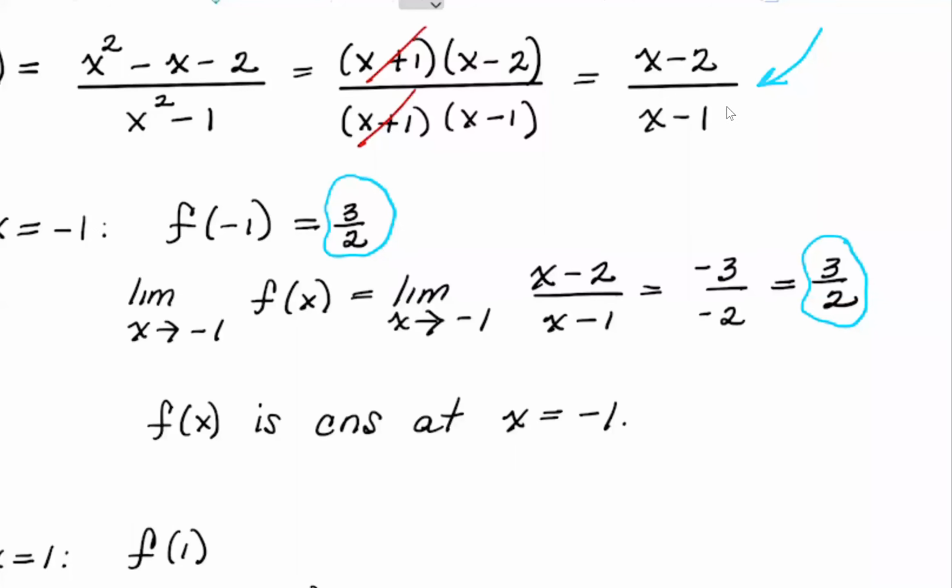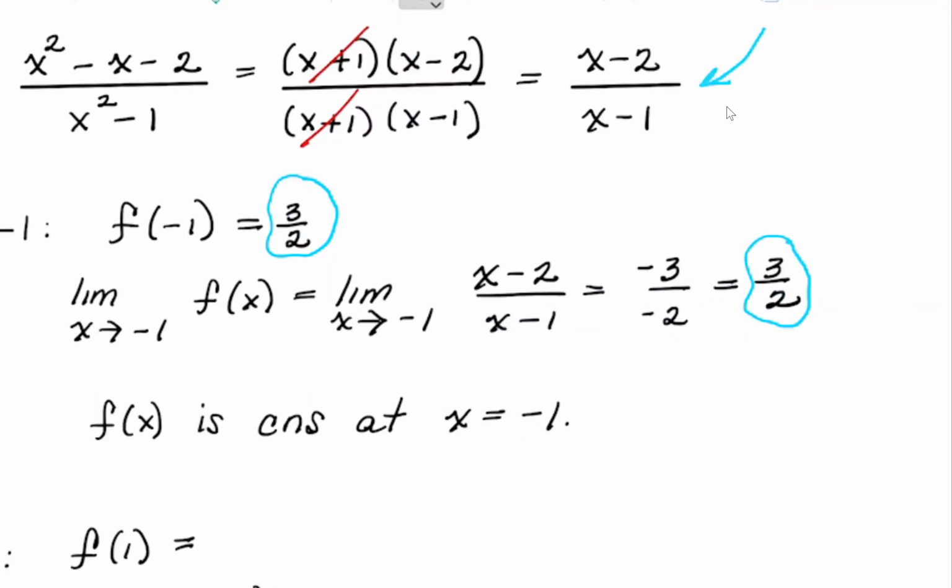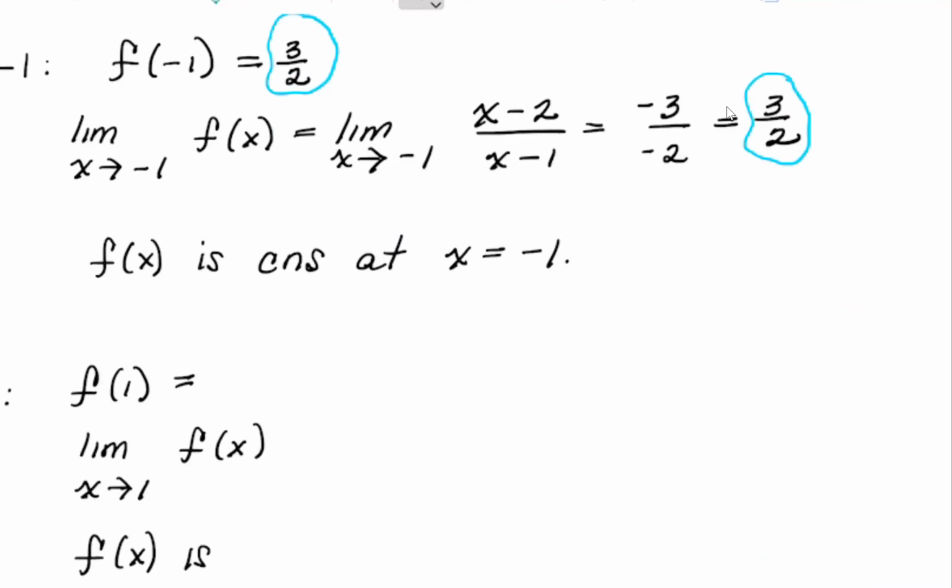Now let's look at what happens at x equals 1. Well, f of 1 is defined. F of 1 is 0. And the limit as x approaches 1 of f of x would be the limit as x approaches 1. We're going to use x minus 2 over x minus 1.